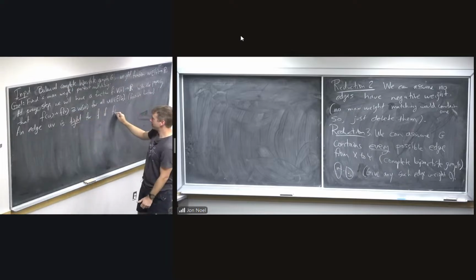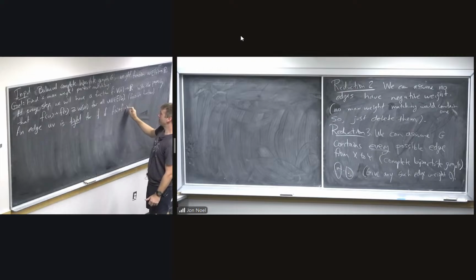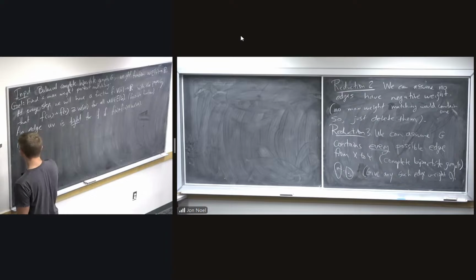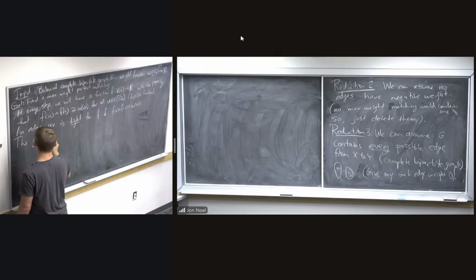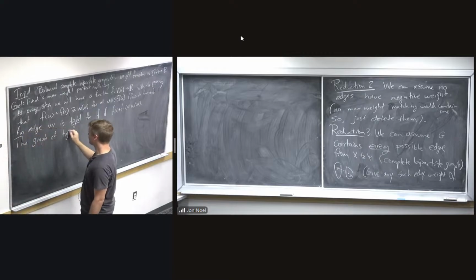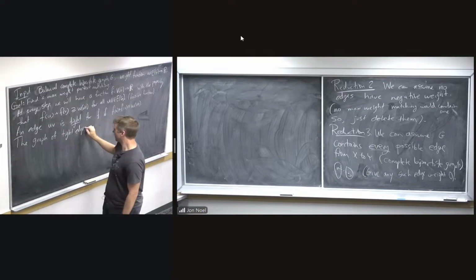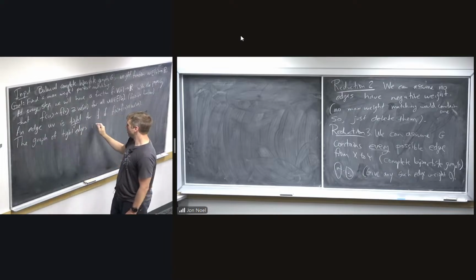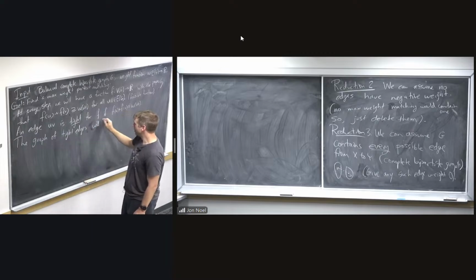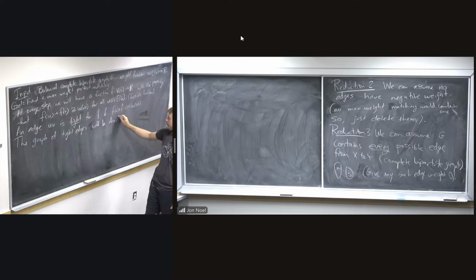So if f of u plus f of v equals w of uv. And at every step, the graph of all tight edges will be denoted H sub f.